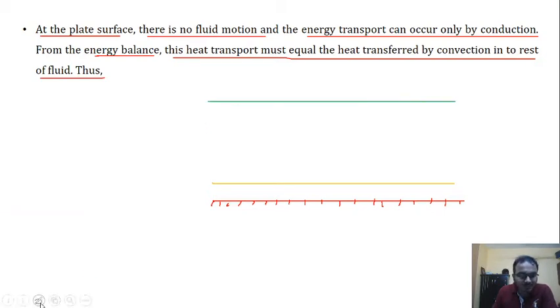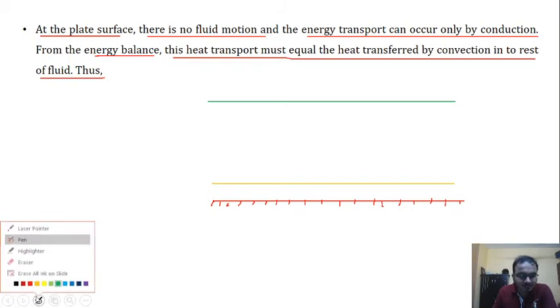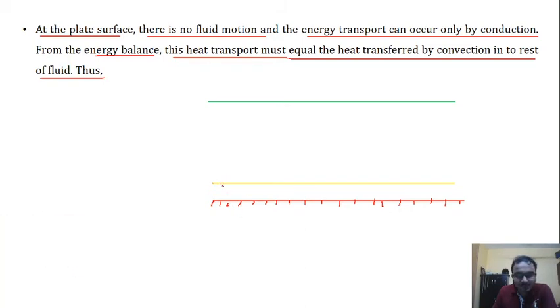So what they are trying to say is that up to this part where the velocity is 0, conduction is happening, and beyond that, on this portion, convection is happening.